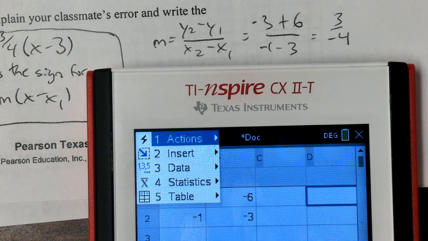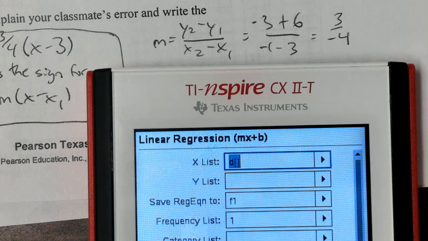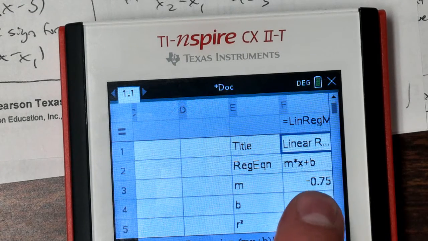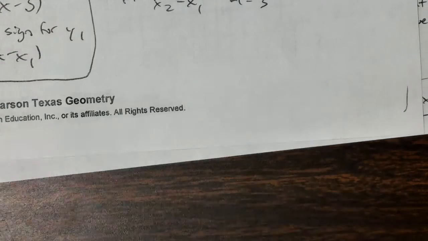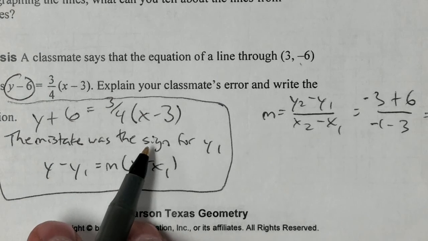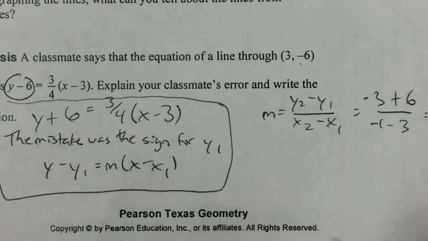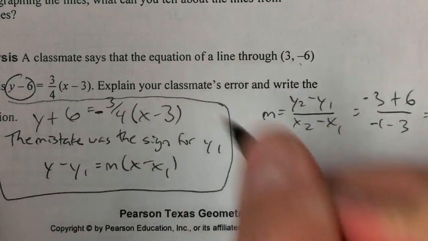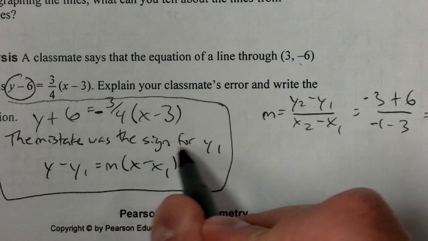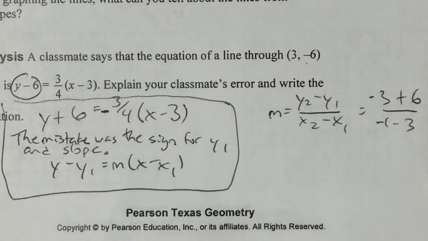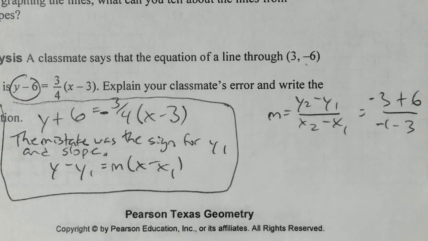Then you do menu, statistics, stat calc, and then 3, and then put X and Y. Yeah, so sure enough, that also has a slope that's -0.75, which is the same as -3/4. So I'm going to actually just modify my answer. I'm going to put a minus sign here. The mistake was the sign for y1 and the slope. So there were actually two mistakes.